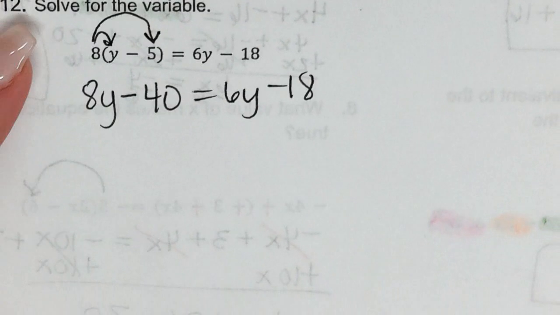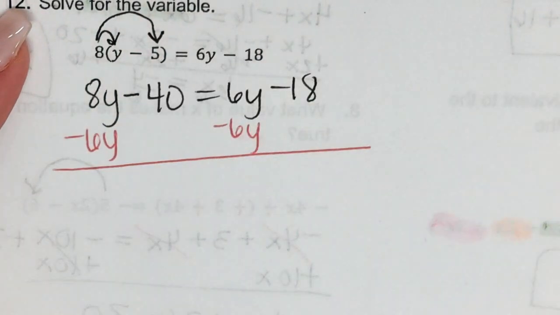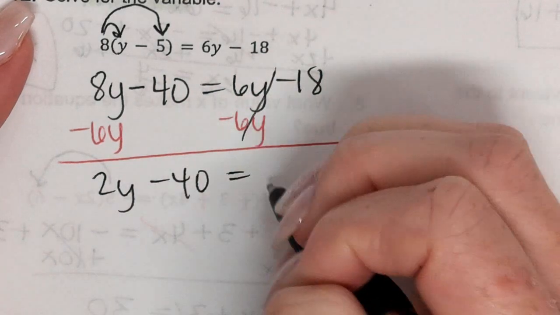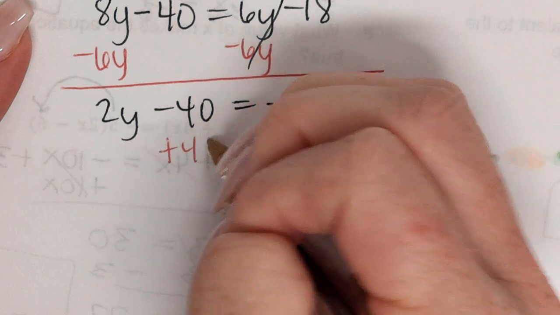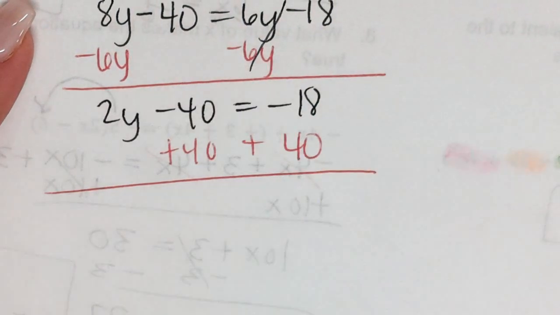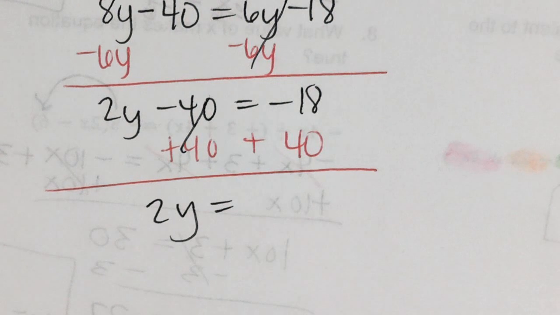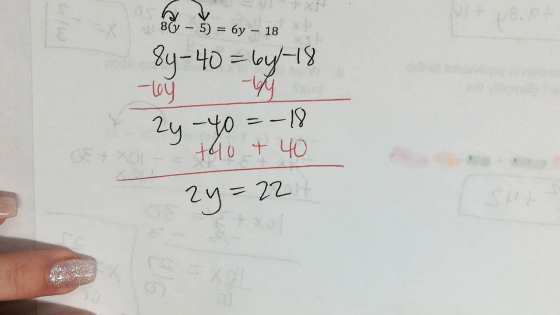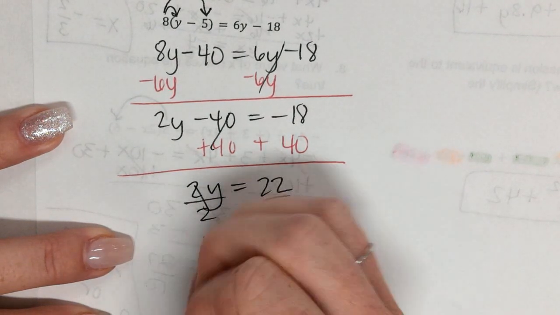I'm going to bring the y's to the left by subtracting. 8 minus 6 is 2y minus 40 equals negative 18. How am I going to get rid of the minus 40? Plus 40. So I have 2y equals negative 18 plus 40 is 22. And then I divide by 2, and I get y equals 11.